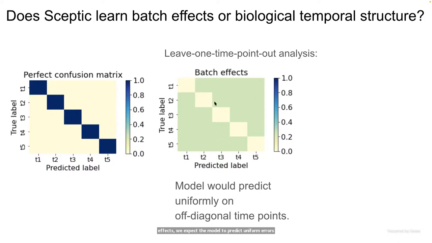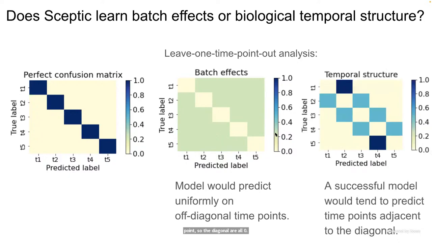Since we mask each time point, the diagonal is all 0. If the model is truly learning temporal structure, we expect a successful model to predict adjacent time points. So if we mask T1, we expect the model to predict most cells to be T2 instead of the later 3 time points.